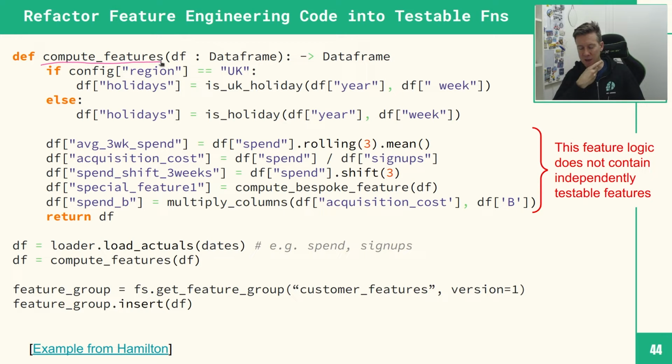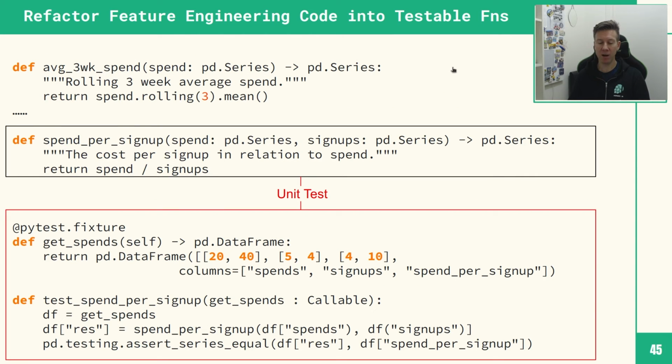And she comes along and says, well, I can write a unit test for compute_features here, but there's a lot of different features being computed in here. There's one for holidays, one for average 3-week spend, acquisition costs, spend shift 3 weeks, special features, spend B. They're all in the same function. So the easiest way to handle this problem is we refactor our features into individual functions.